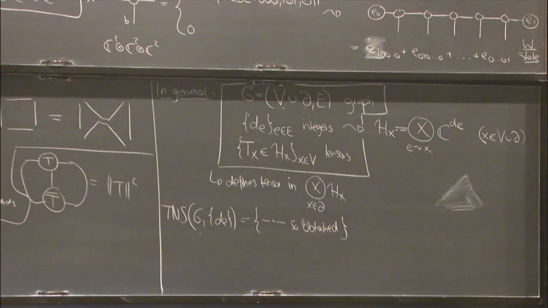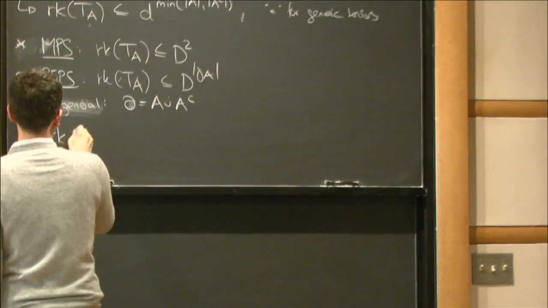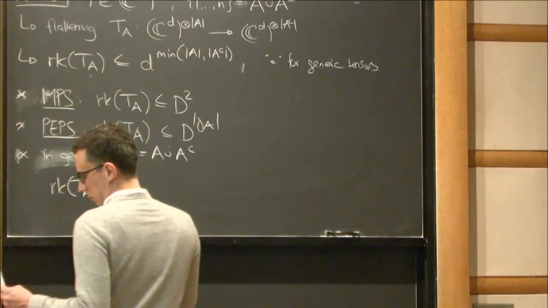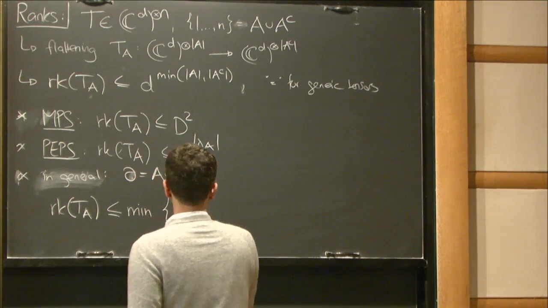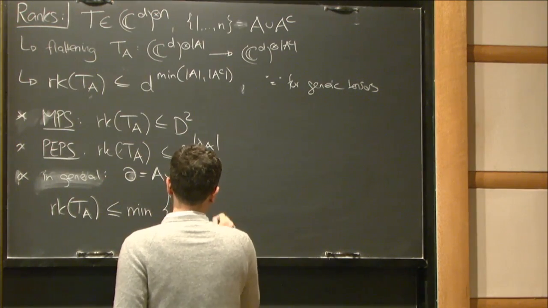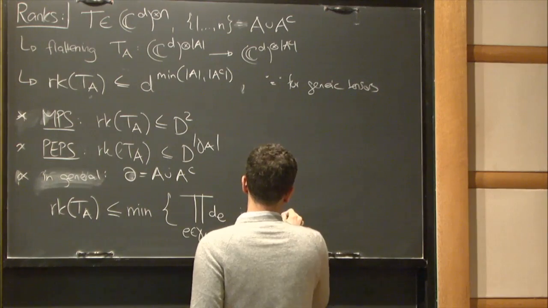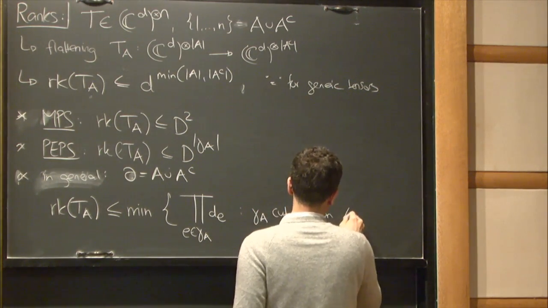We split delta into A and A complement, a disjoint union. Then we can bound the rank of T_A by the minimum over all cuts between A and A complement of the product of the bond dimensions of the edges we are cutting.